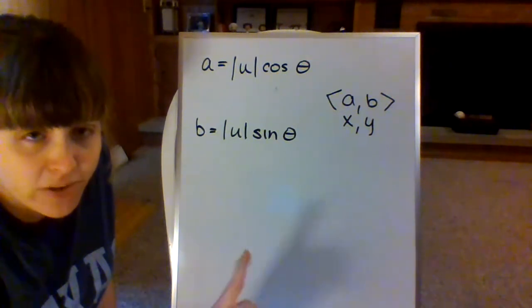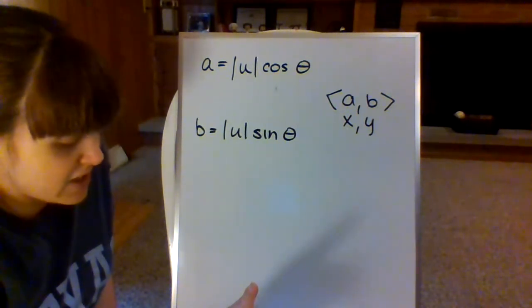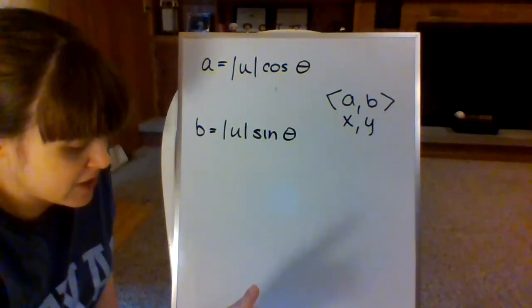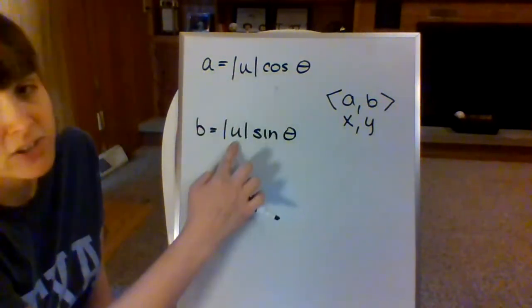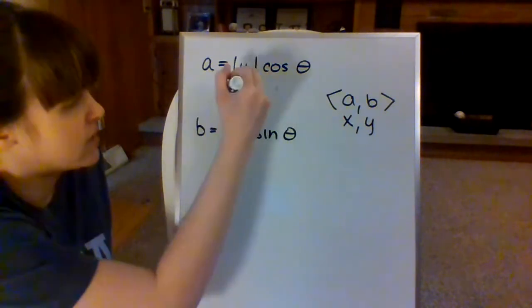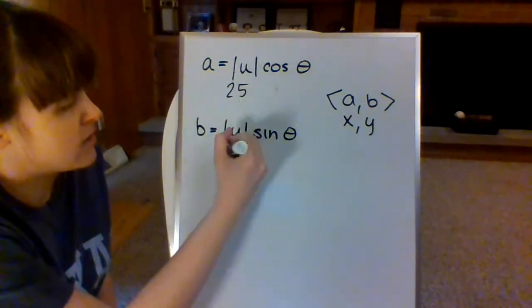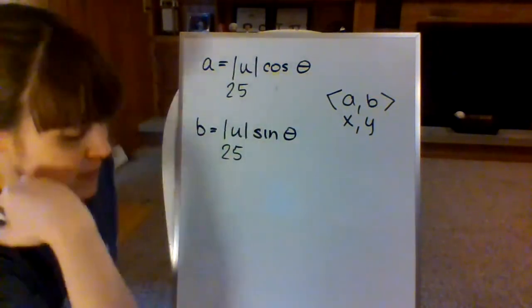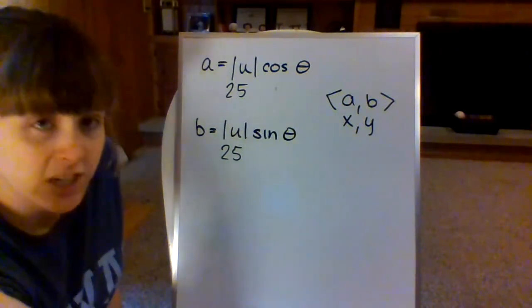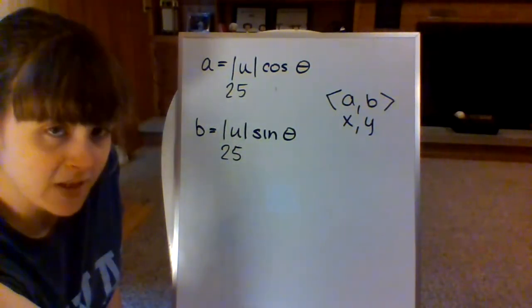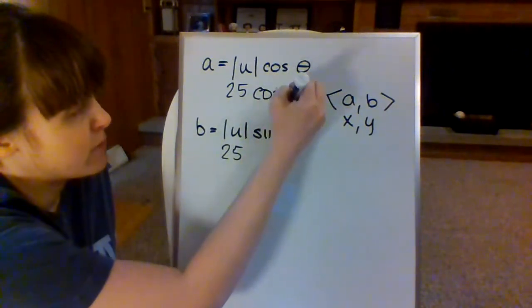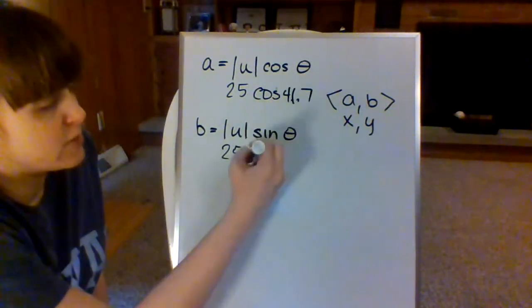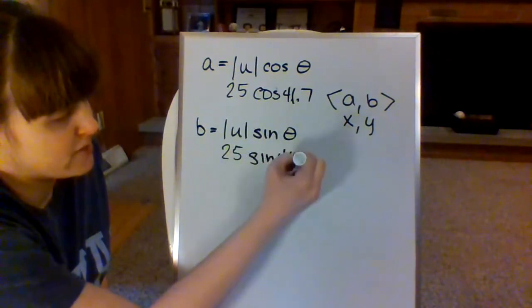Okay, so in this problem that we're about to do, they're going to give us a magnitude and an angle theta. It says vector W has magnitude 25. So where you see these magnitude things, we're going to put 25. And direction angle 41.7 degrees. So this would be cosine 41.7, and this would be sine 41.7.